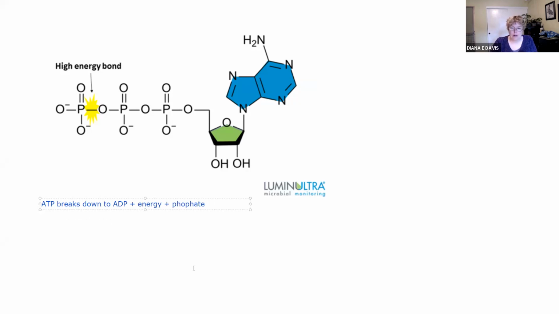And when the cell needs to make new ATP, it starts with ADP, adds energy and a phosphate to become ATP.